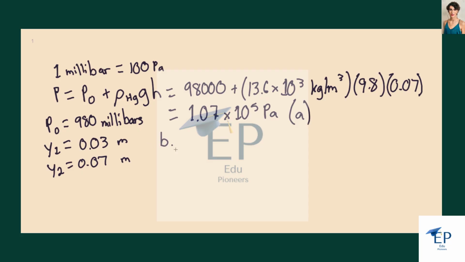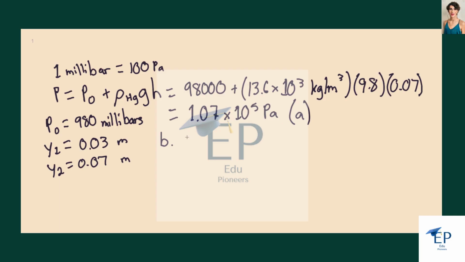So for part B, they're asking us what's the pressure at a depth of 4 centimeters. So it's going to be the exact same calculation, except instead of using y2, which we used here, 0.07, we're actually going to use 0.04, or 4 centimeters, 0.04 meters.